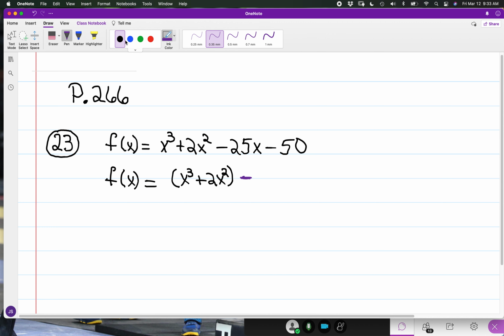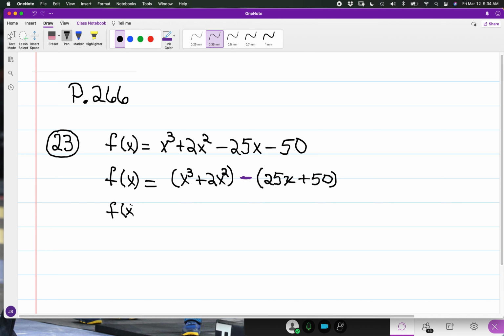If I factor out the subtraction, or in this case negative 1, then for minus 25x, that is going to be the opposite sign of 25x, and for negative 50, we have the opposite sign of 50.